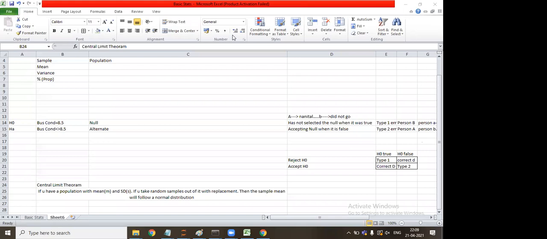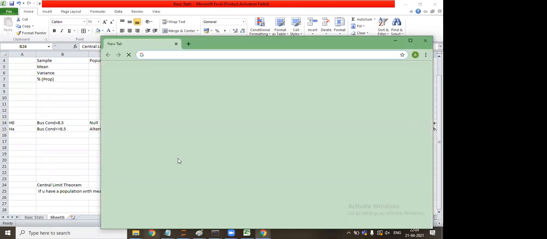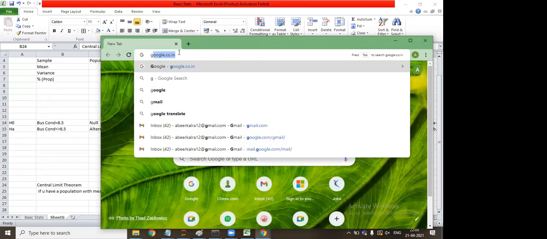Sir, I learned before that for this central limit theorem the sample size should be 30. Let me tell you, sample size is one thing, and the second is the number of iterations as well.